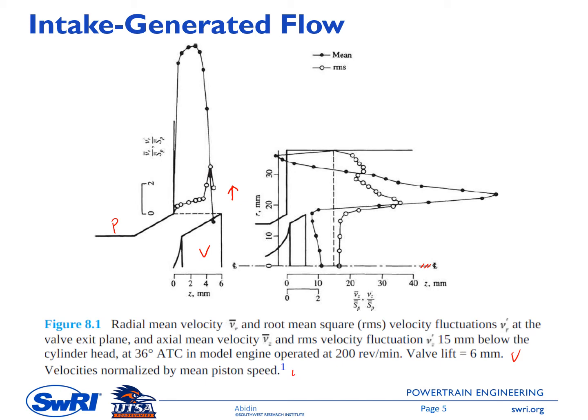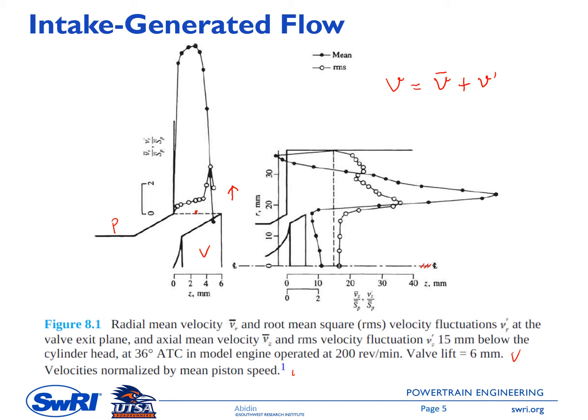So when we formulate the velocity, we can write it down as the instantaneous velocity equal to the average velocity plus the fluctuation velocity. If you look at the radial mean velocity feature on the left side, the velocity is maximum in the middle.